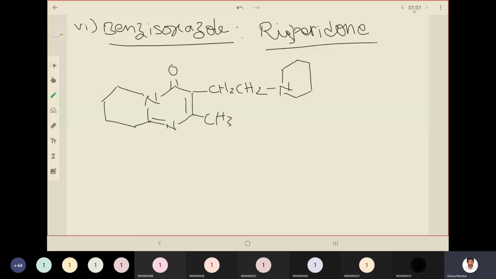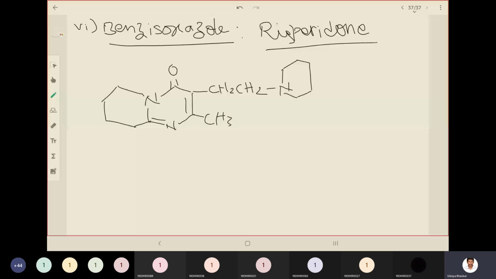We have a double bond here, and it is further fused with a phenyl group that has a fluorine. So this is the structure of risperidone. You have to remember it. So where is the benzisoxazole? This is the benzene fused with isoxazole. So this is benzisoxazole.